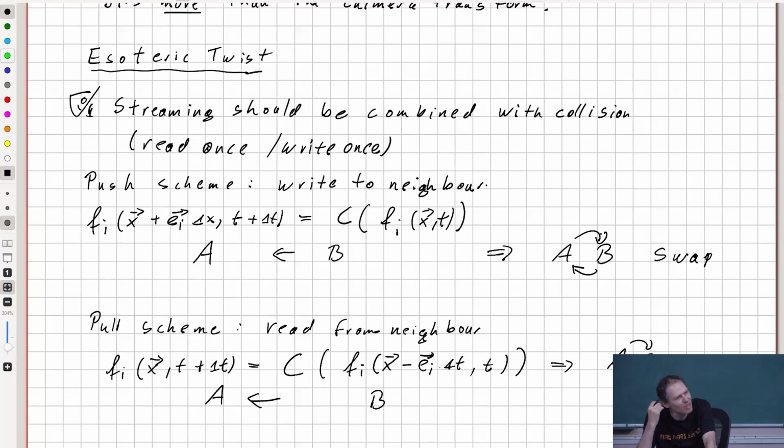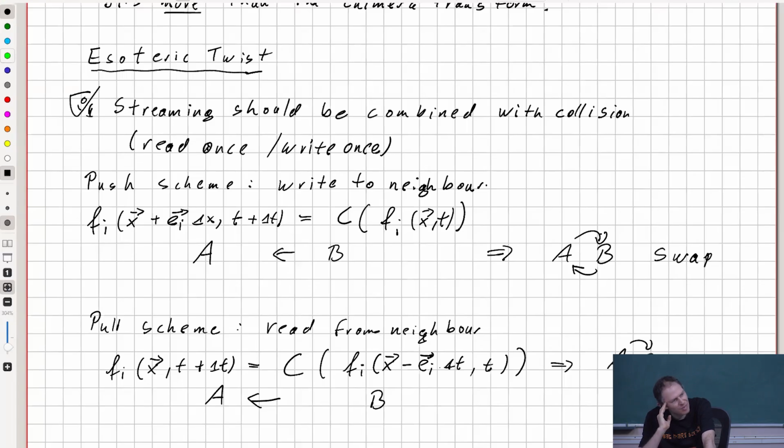Who is for pull? Who is for push? Okay, not too many have an opinion about this. It may depend on your hardware. That's the short answer.